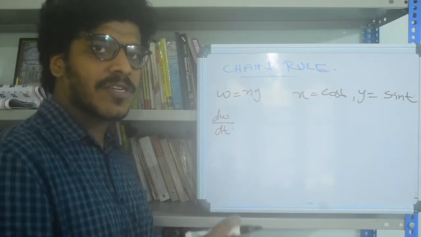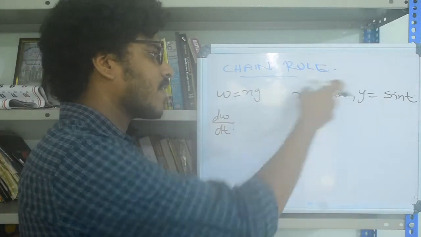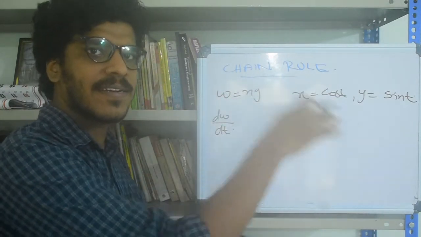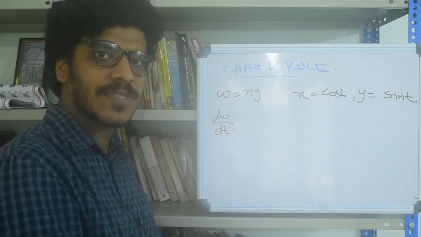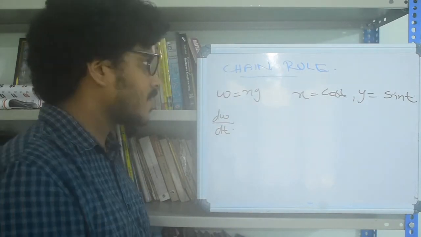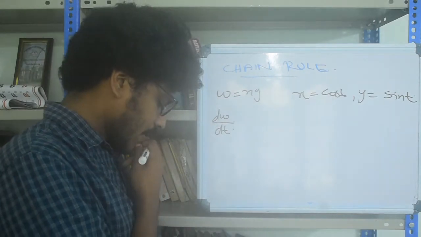There are actually two ways to evaluate this. You can directly substitute x equal to cos t and y equal to sin t, express w as a function of t itself, and differentiate with respect to t using the product rule. That's fine, but for this case, let's use the chain rule as a matter of practice.